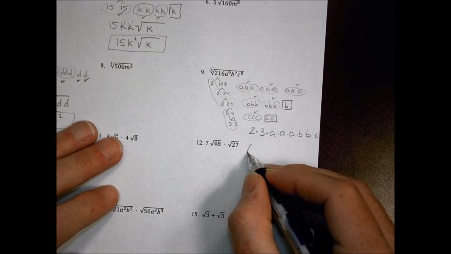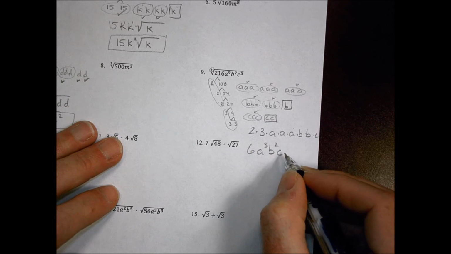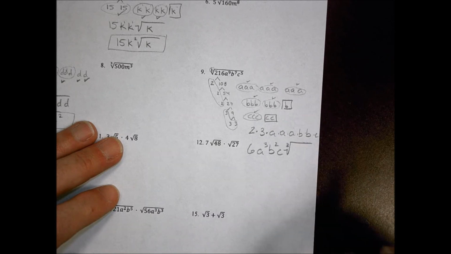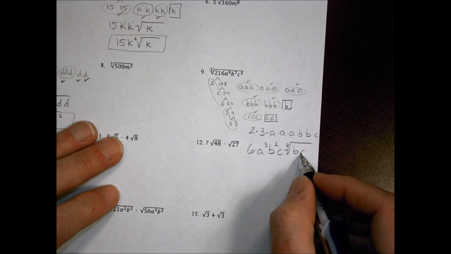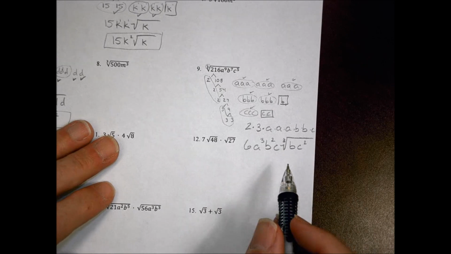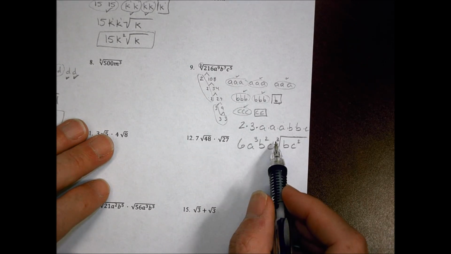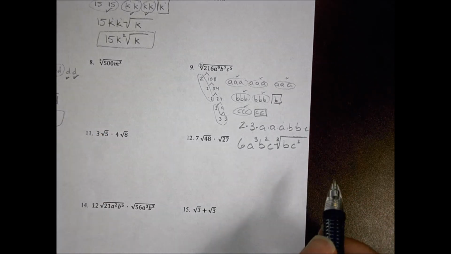Or in other words, I have 6 a to the 3rd b squared c, and underneath my cube root here, that's still cube root, what's left on the inside is 1 b and 2 c's, or c squared. So I have 6a cubed b squared c, and then the cube root of bc squared. A little bit crazy, but it does work out that way.